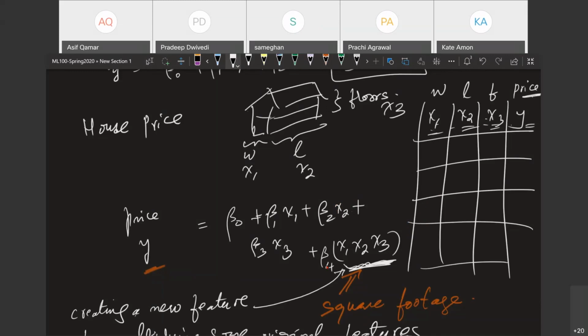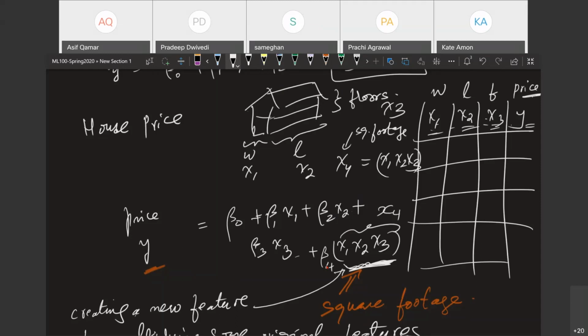You can literally think of it as x4, isn't it? You can define x4, which is square footage, as x1 x2 x3. Isn't it, guys? And so then you write the equation in terms of these things. In fact, x1 and x2 may not matter that much.